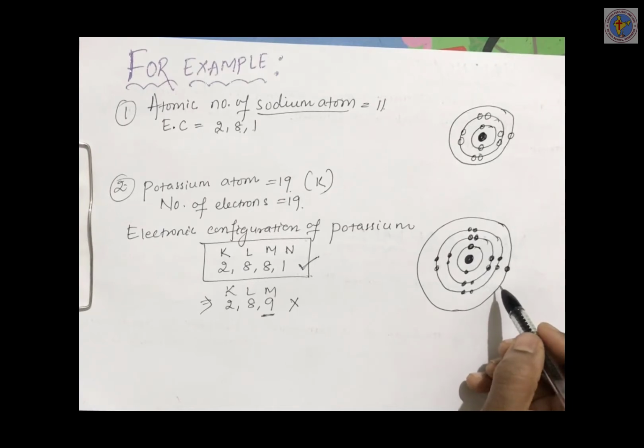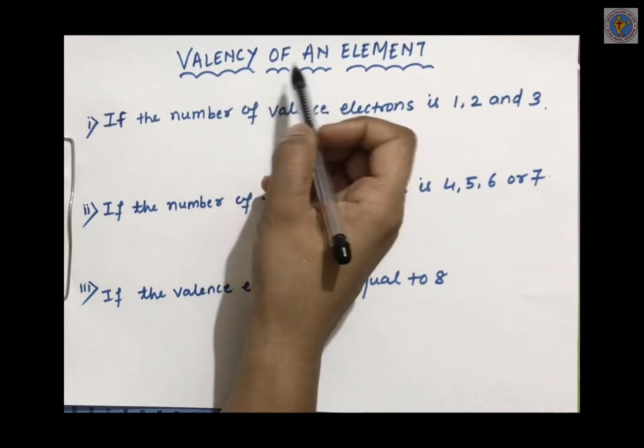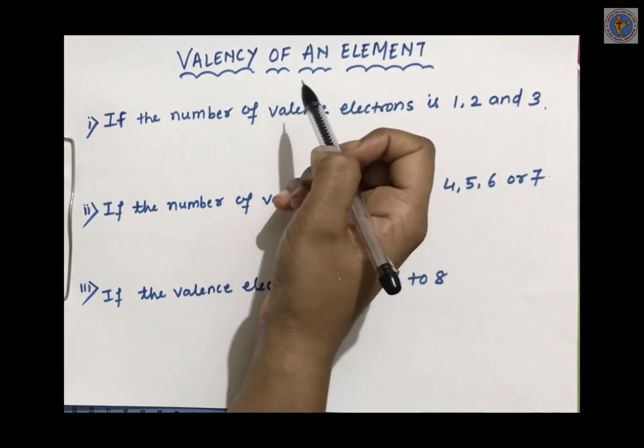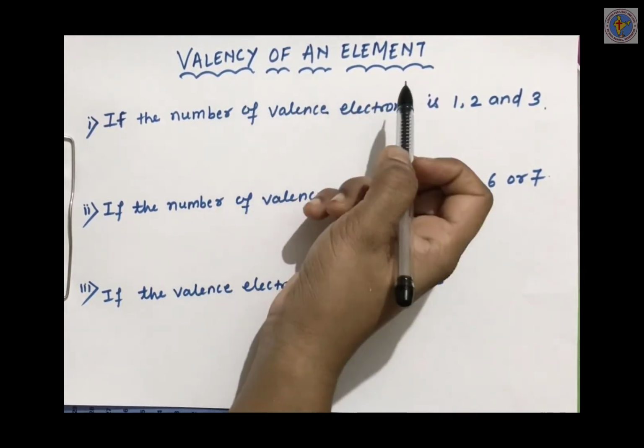So what is the valence electron here, children? 1. The valence electron of potassium is 1. Now, valency of an element. Children, how can we find out the valency of an element?